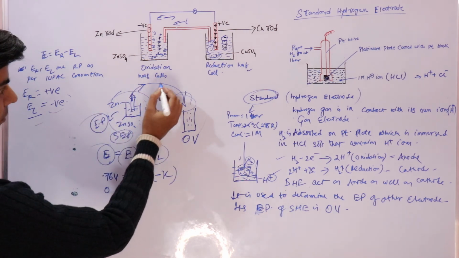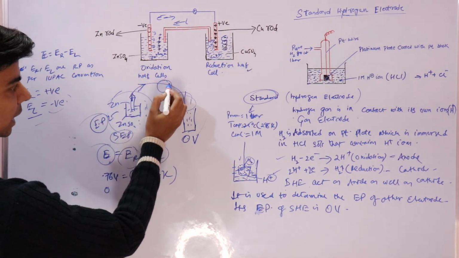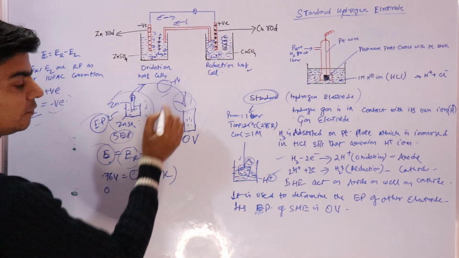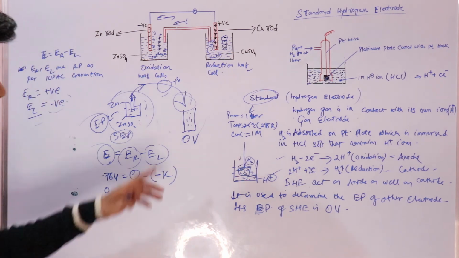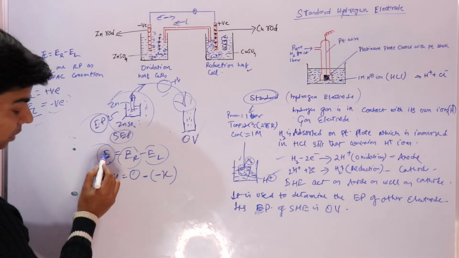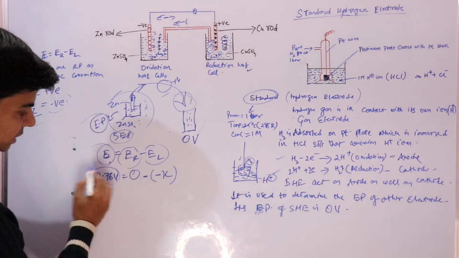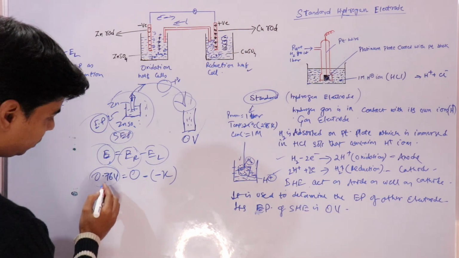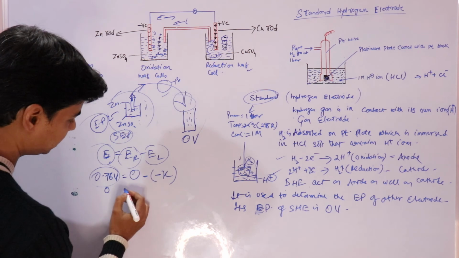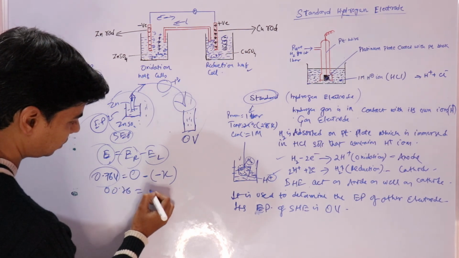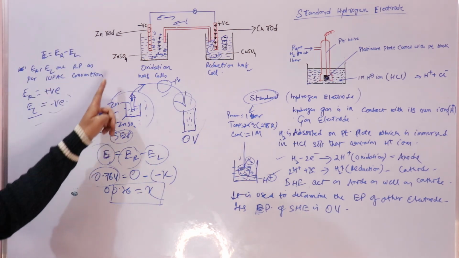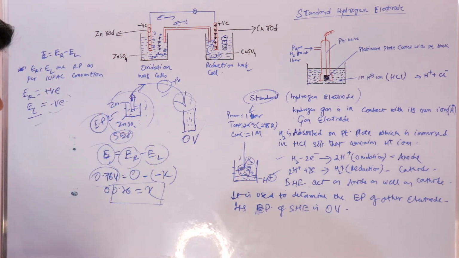So I said this is the value of EMF of this cell. Using voltmeter, or using potentiometer, we will find the EMF of the cell, right? Whatever is the reading of the potentiometer, we will enter the value here, which is 0.76 volt, right? So this is 0.76 volt, this is for SHE we know is 0, and this is X. So X, that is electrode potential of this zinc electrode, is 0.76, right?